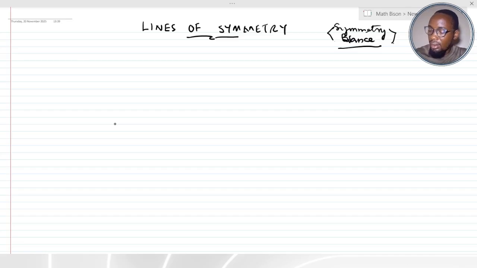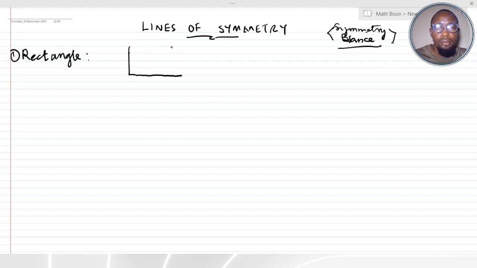Let's look at a rectangle. The first shape we're going to look at is the rectangle. From the activity we did, we know that a rectangle can only have a split from here, such that this side will be equal to this side.